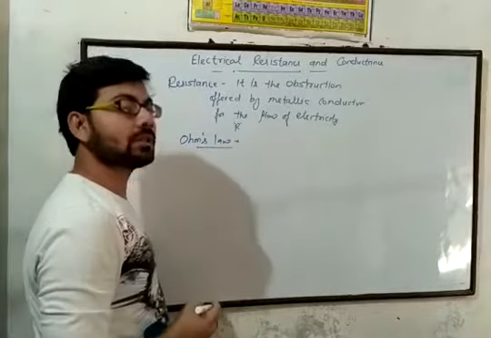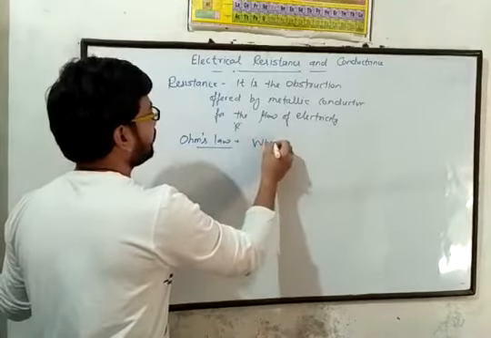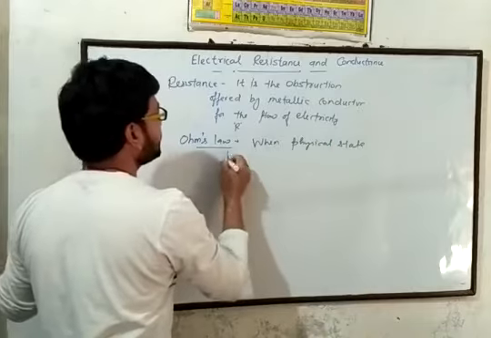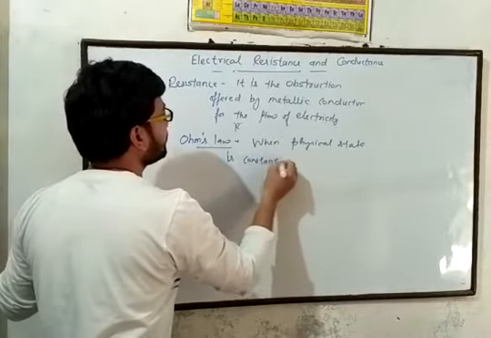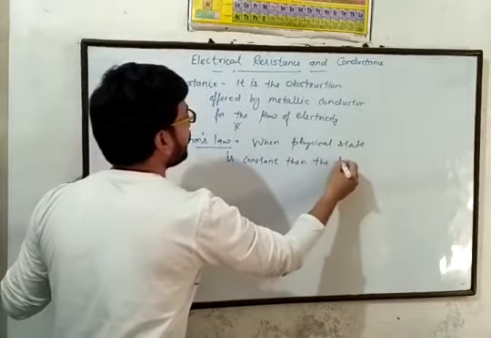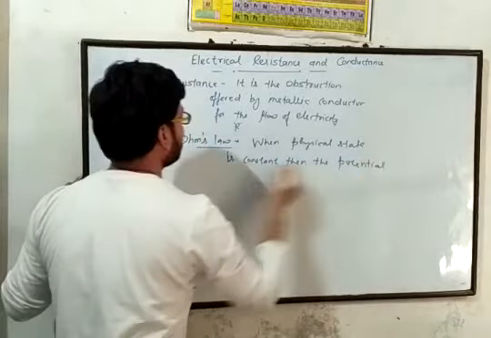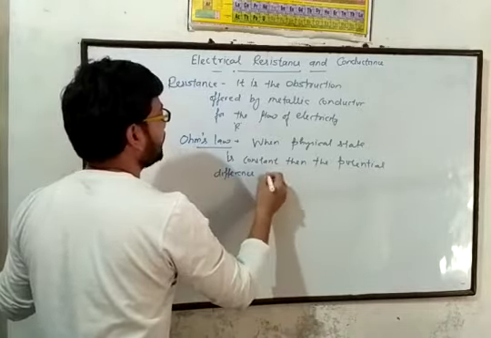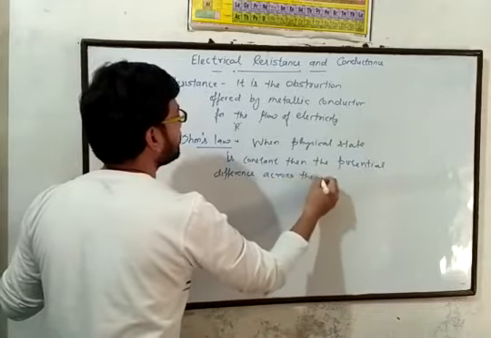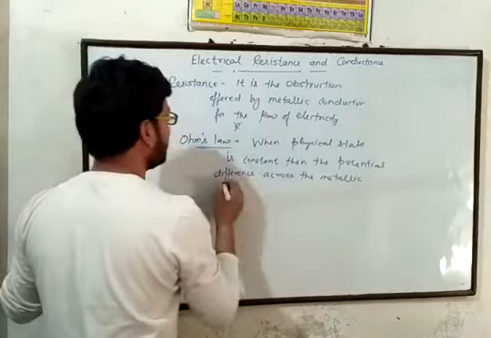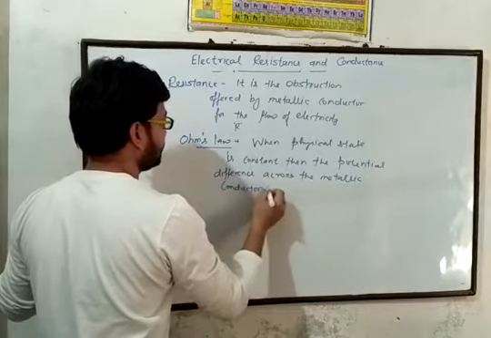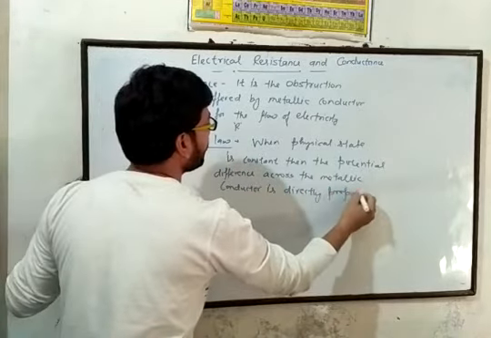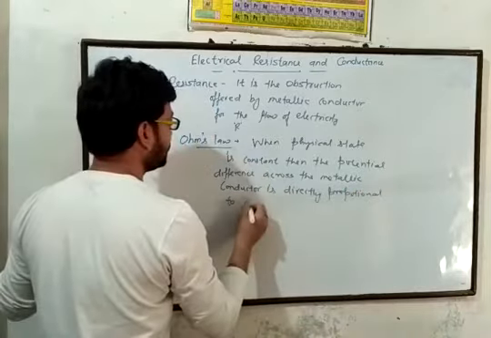When the physical state is constant, then the potential difference across the metallic conductor is directly proportional to current.